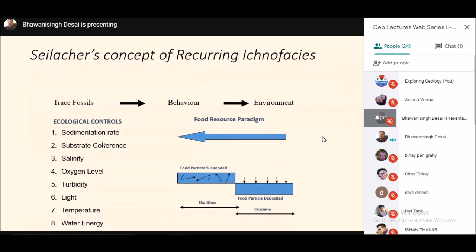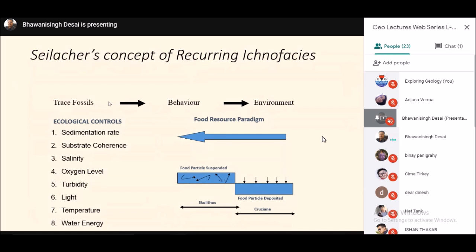Now what his concept was, you have trace fossils. Trace fossils are a result of the behavior of animals. Animal behavior is dependent on the environment in which it is living.